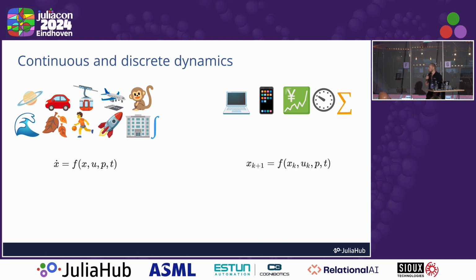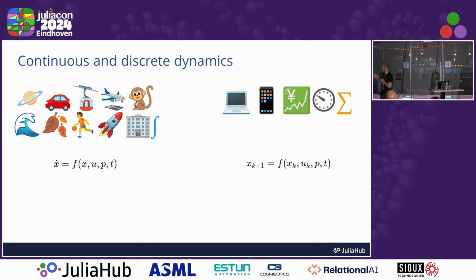And when we model these systems on the left-hand side, the state of the monkey and the basketball player and so on, we might use differential equations. So the derivative of their state, the state here is called x. I'm from a control theory background, so we use x for state. It's a function of the current state and some input u and maybe parameters in time.